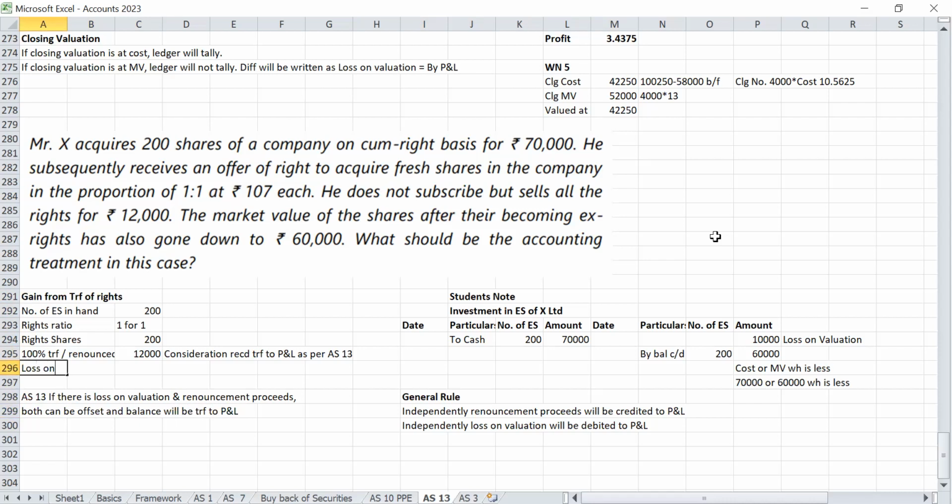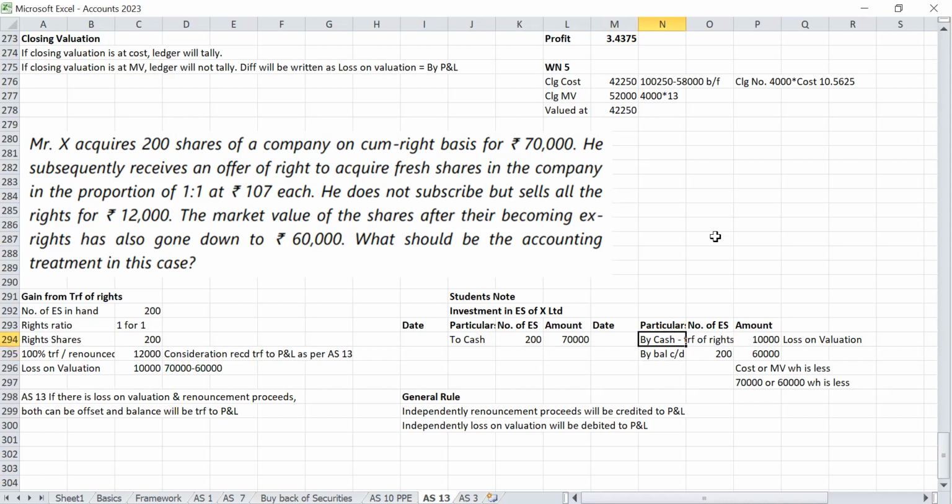What is the loss on valuation? 10,000, as 70,000 is becoming 60,000. So a gain to the extent of 10,000 will be adjusted by cash 10,000. What is by cash? Renouncement or transfer of rights.